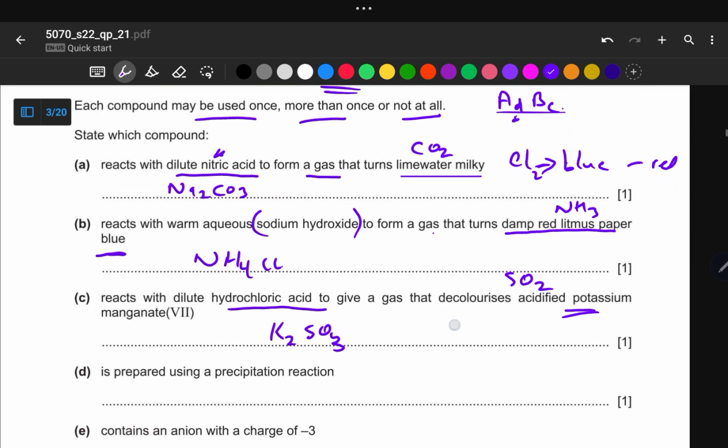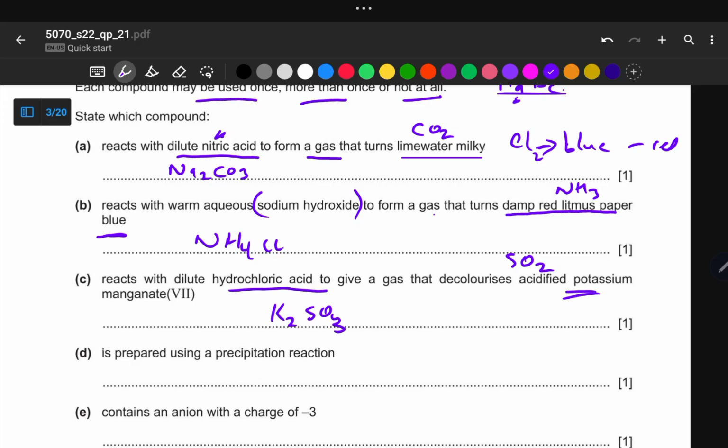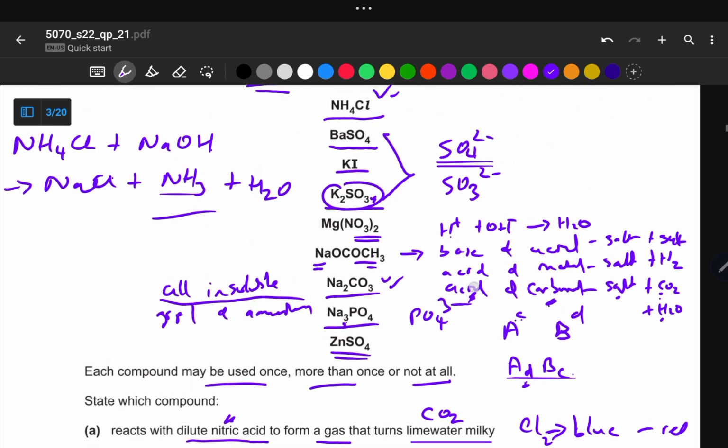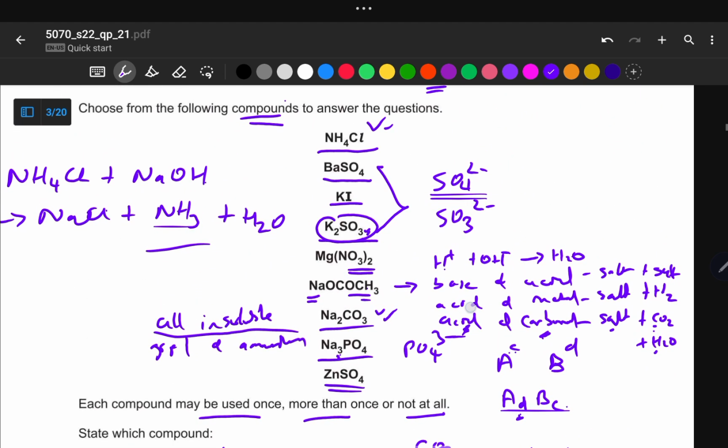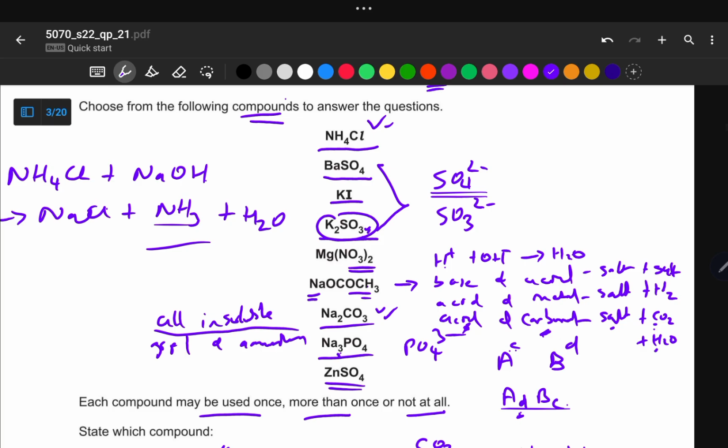And then we go on to the next equation, the compound which is prepared using a precipitation reaction. For precipitation, we are mixing two liquids: aqueous plus aqueous to give us a solid plus aqueous. This is the general law of a precipitation reaction. We mix two aqueous mediums to obtain a solid precipitate, which will then float in the aqueous medium. So which one is going to precipitate? Barium sulfate.